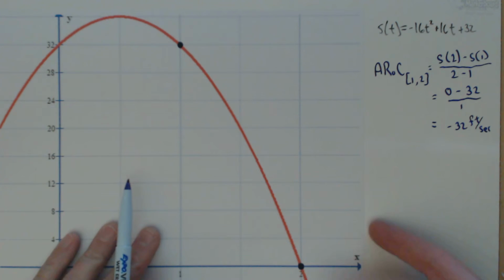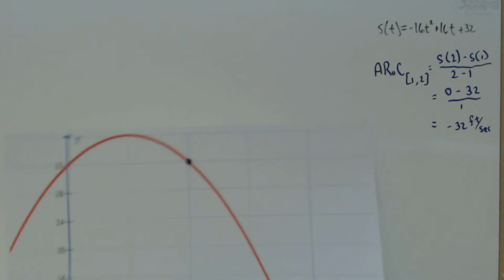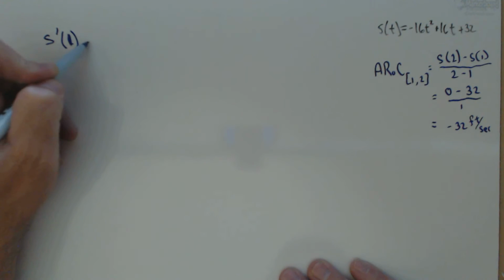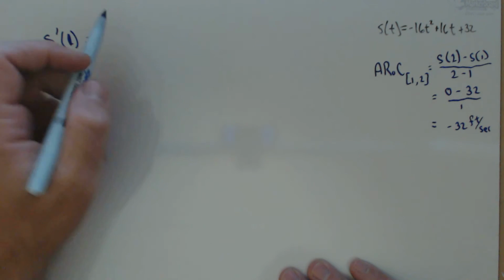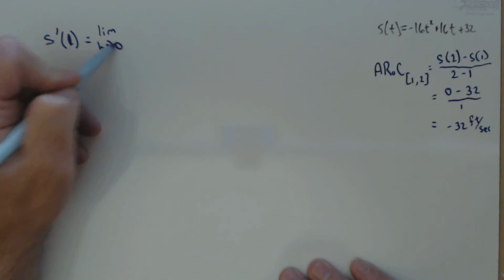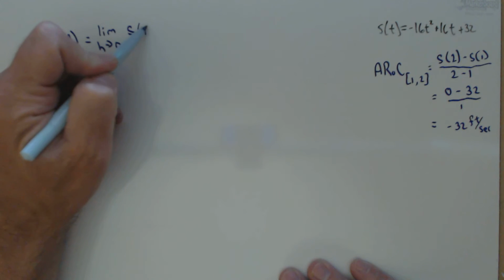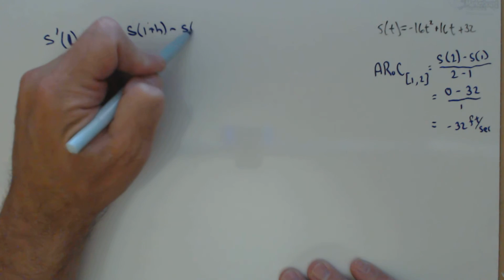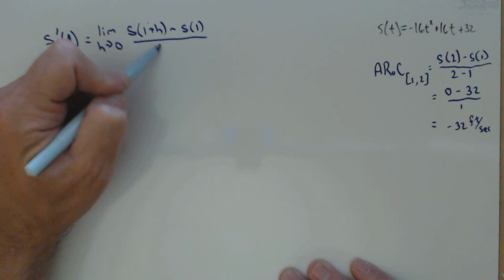Part C asks us to use the limit definition to find s prime of 1, or the instantaneous rate of change at 1. So we're going to do the limit as h approaches 0 of s of 1 plus h minus s of 1 all over h.